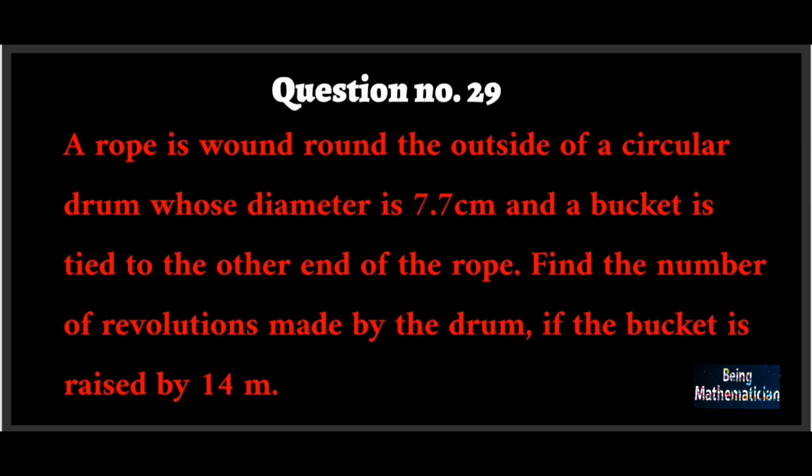Question number 29. Now let's calculate the circumference of the drum. So the circumference of the drum is 2 pi r, means 2 into 22/7 into r, 77/2.